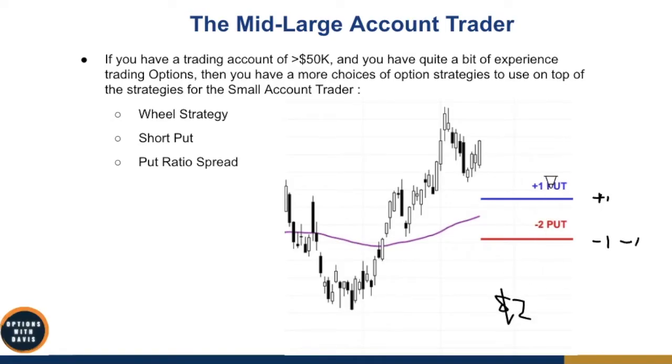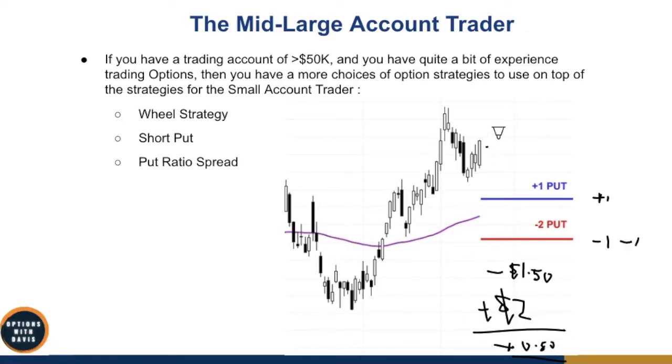Then you want to buy a put spread for less than $2. So let's say you pay $1.50 for the put spread. If you receive $2 for the put option and purchase a put spread for $1.50, that leaves you a net of 50 cents, which is $50.